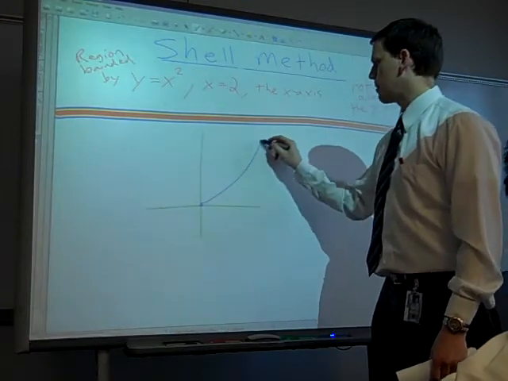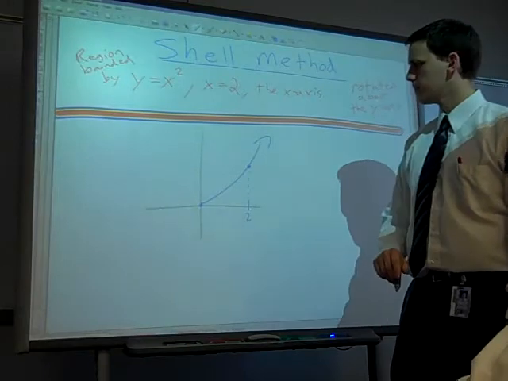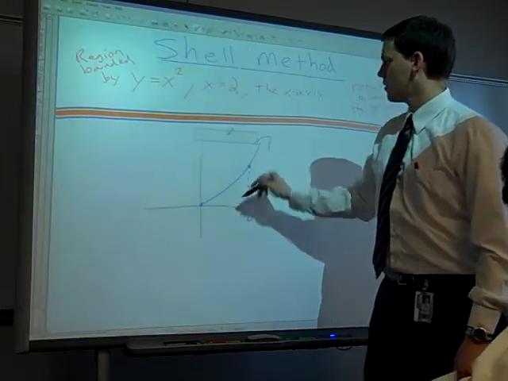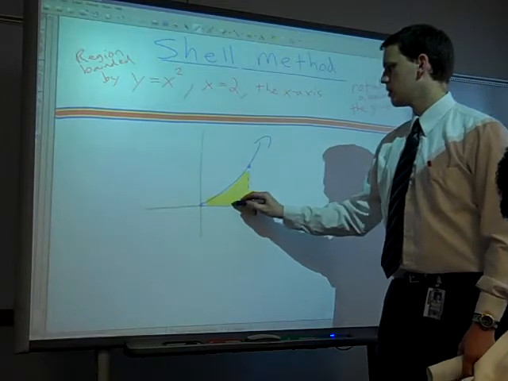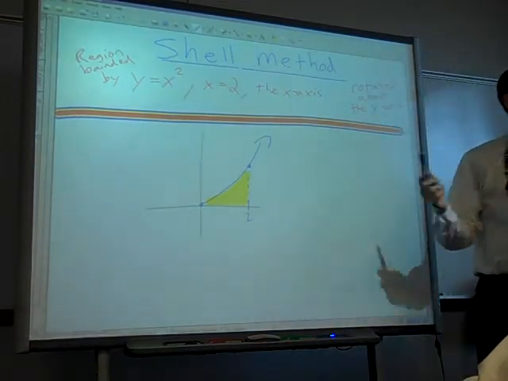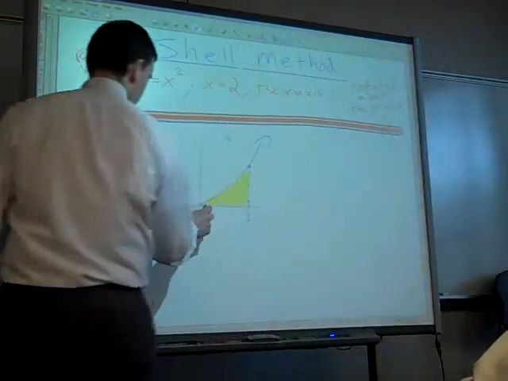So this is a parabola. At x equals 2, we're there. So here's our region. This is our area. That's our bounded area. And I'm going to rotate that area about the y-axis.